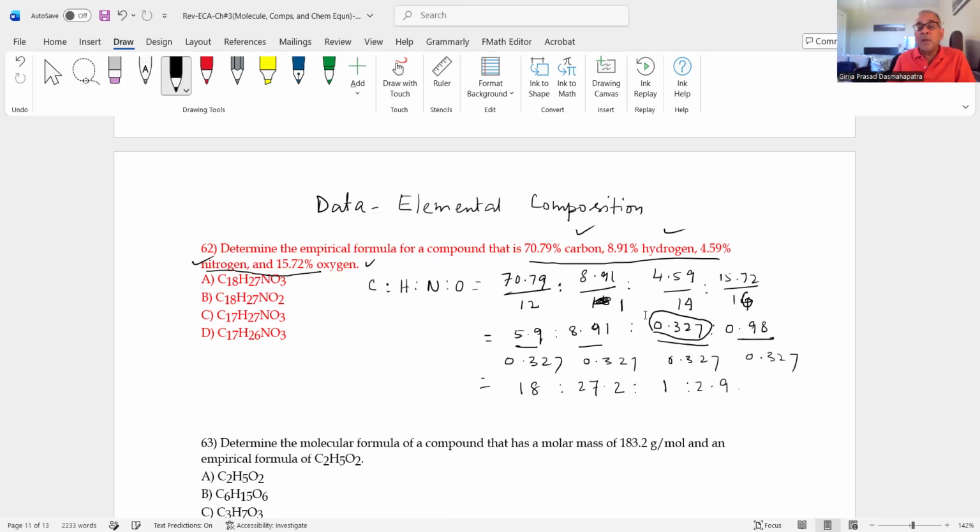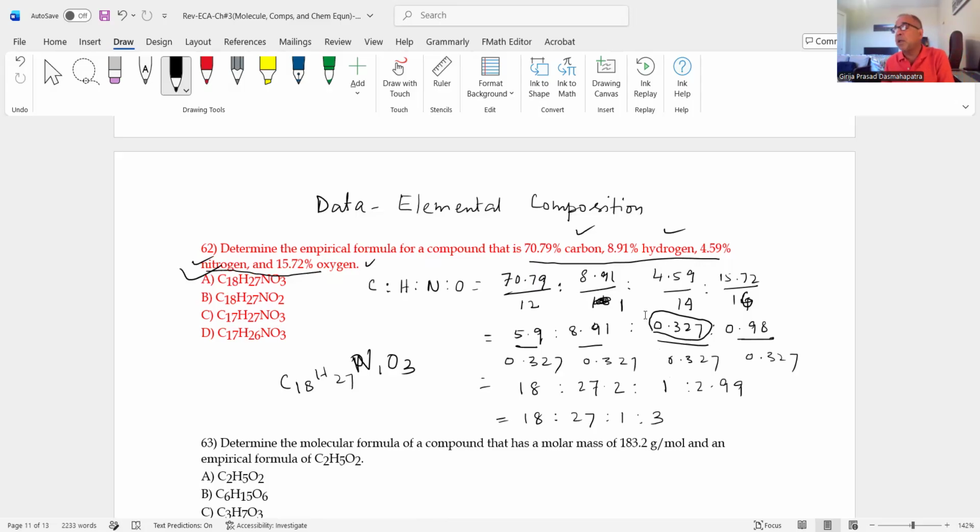Then what you do is round up to the nearest whole number. So it is 18, then 27, then 1, and this will be 3. So actually, the empirical formula will be 18 carbon atoms, hydrogen 27, nitrogen 1, and O3. So this is your empirical formula. This is the way to find it out.